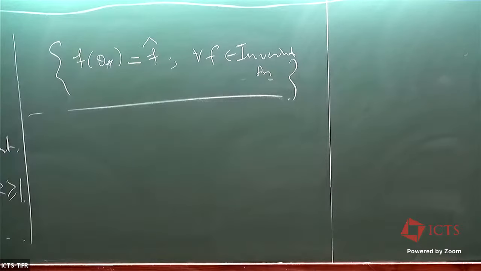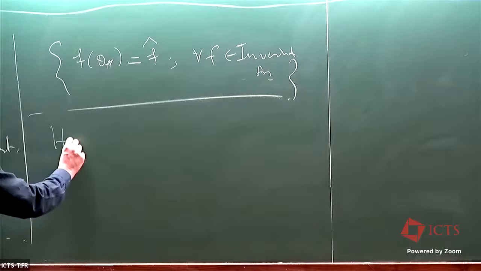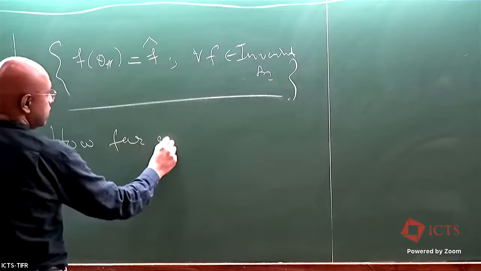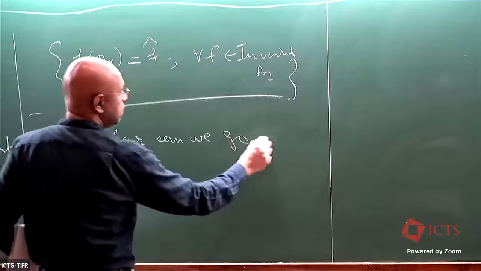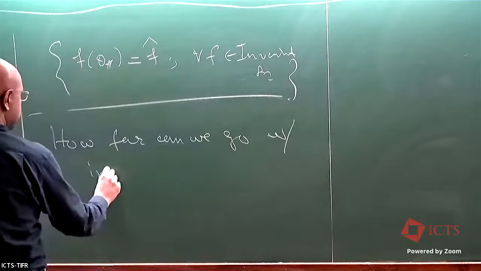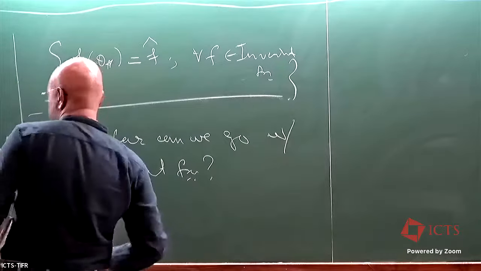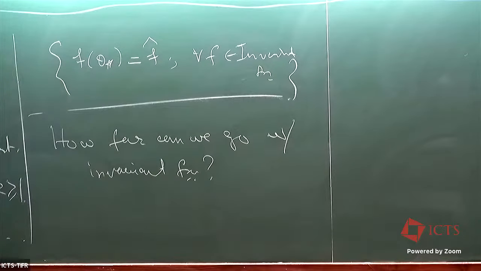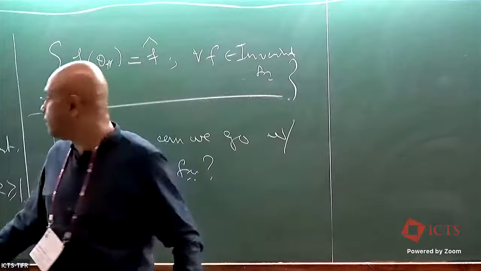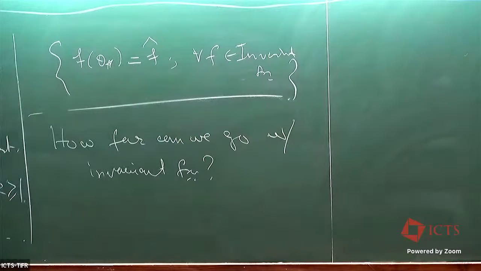So how far can we get with these invariant functions? This is a fundamental existence or identifiability question. Even without noise, if I was given the true values of all these f of theta star for all invariant functions f, does that uniquely determine theta star?